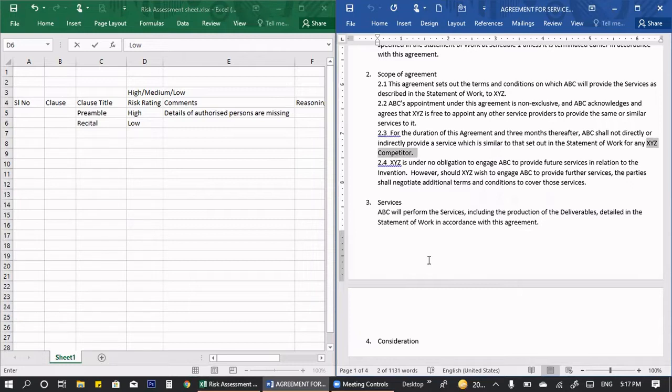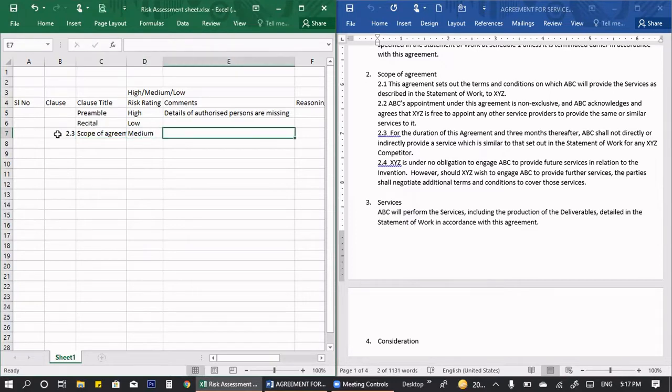If it is not an XYZ competitor, what can be done in that case, and how do you define somebody as a competitor and not a competitor? So here I'll put 2.3, and the heading is scope of agreement, I'll rate it as medium, and I'll mention definition of competitor.